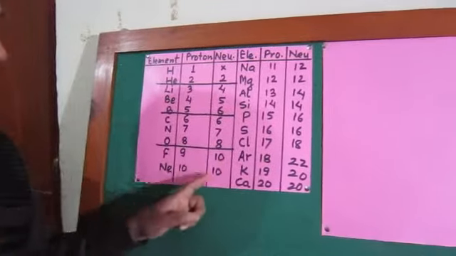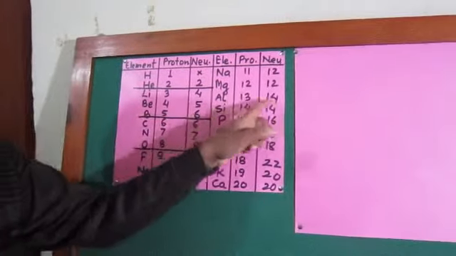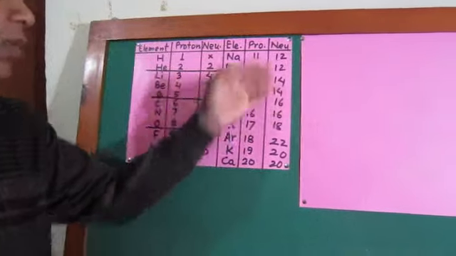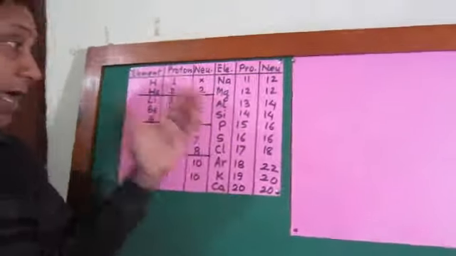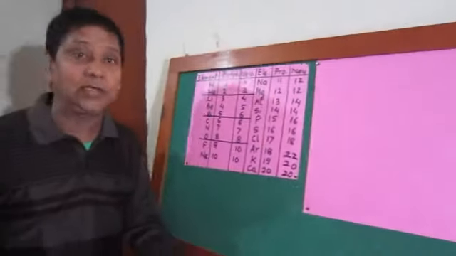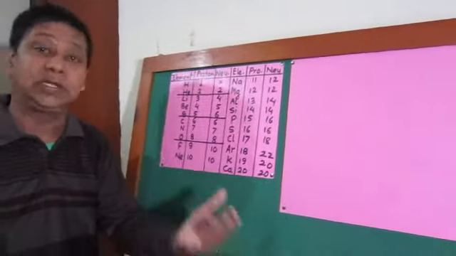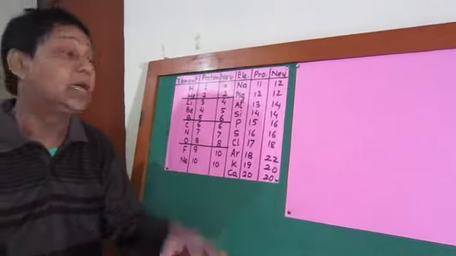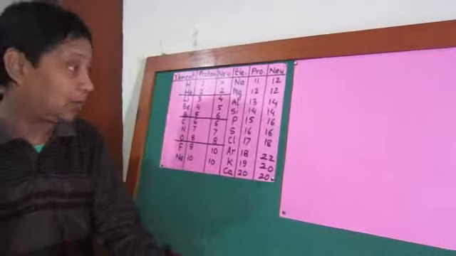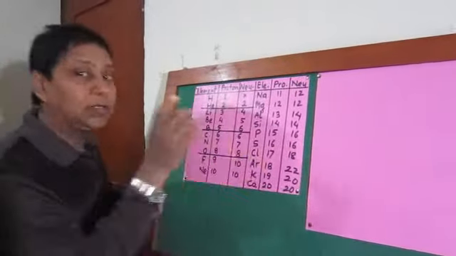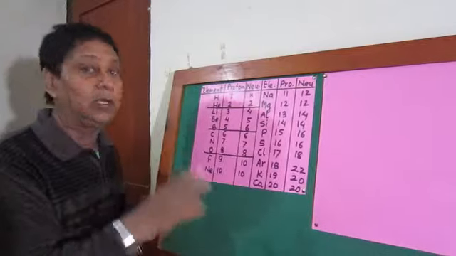And neon, 10 plus 10, 20. And aluminium, 13 plus 14, this is 27. This way, if we have atomic mass in memory, then we'll be able to find out how many grams of reactants take part in the chemical reaction and how many grams of product forms. But the major point is these elements should be involved in that chemical equation.